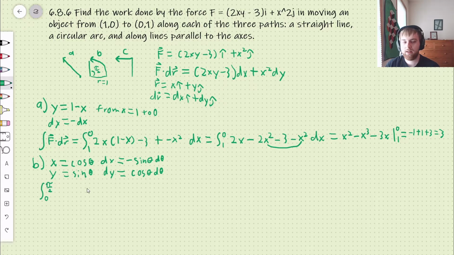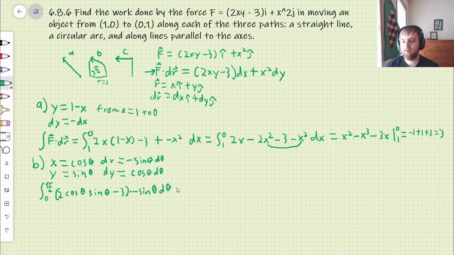And so we're going to have to substitute into this equation everything that we have here. So this is going to be 2 cosine theta sine theta minus 3, and then times our dx, which is times negative sine theta d theta.